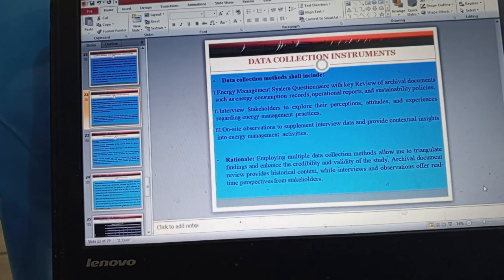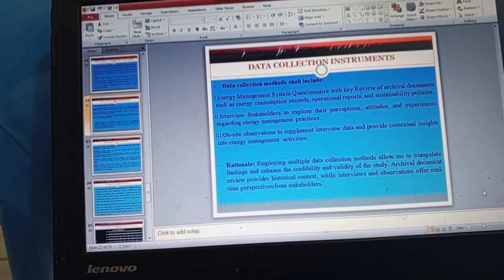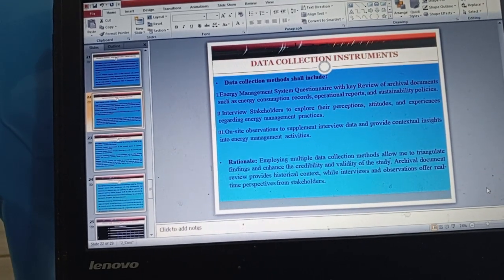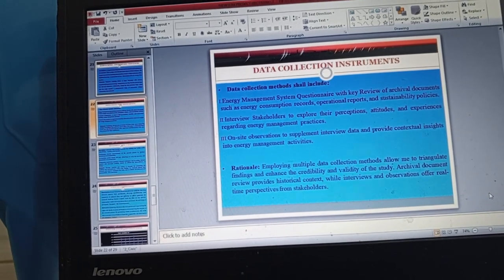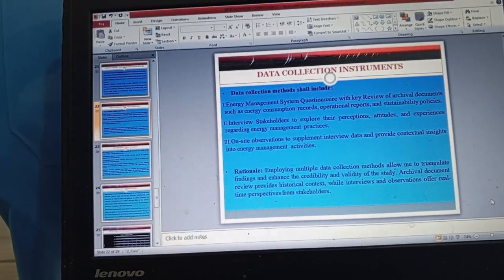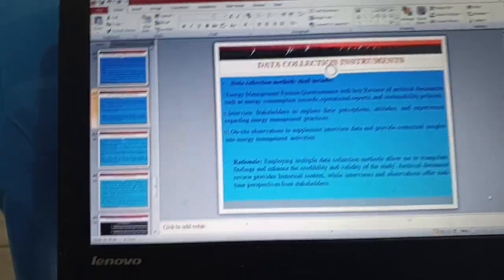Then for the rationale, employing multiple data collection methods allows me to triangulate findings and enhance the credibility and the validity of the study. Archival documents review provides historical context, while interviews and observation offer real-time perspectives from stakeholders.